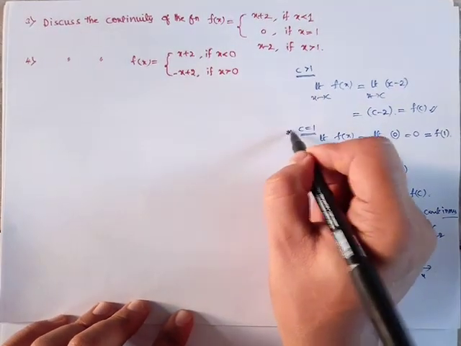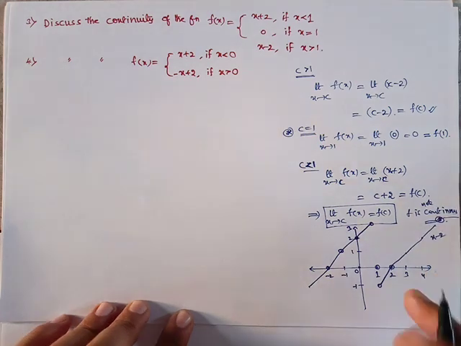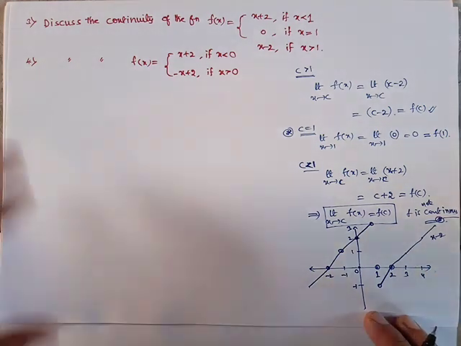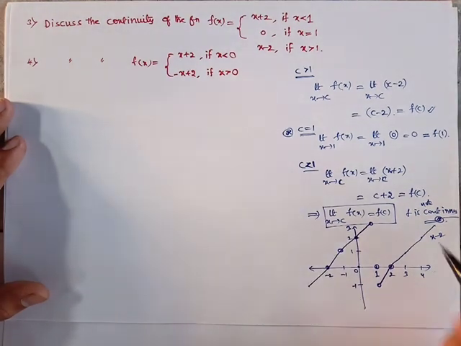So this case is to be understood, it is not continuous. Once again we will see why it is not continuous. By looking at the diagram we are coming to understand it is not continuous.